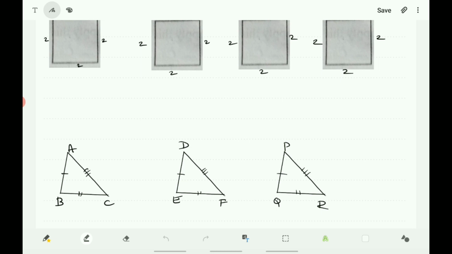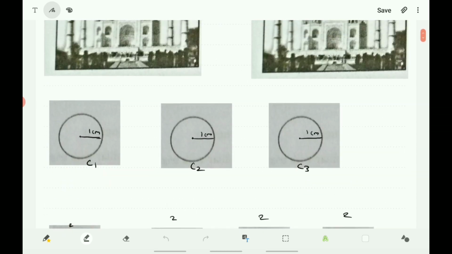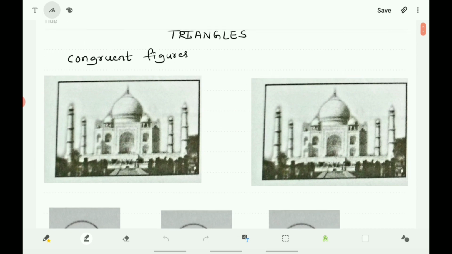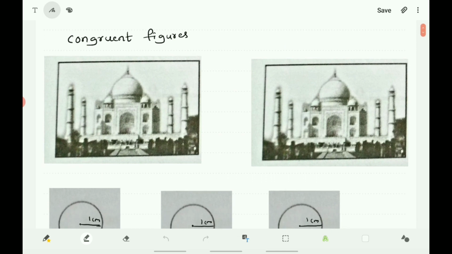So all these three triangles, triangle ABC, triangle DEF and triangle PQR, are congruent triangles. Congruent figures have the same shape and same size, and their corresponding parts are also equal.